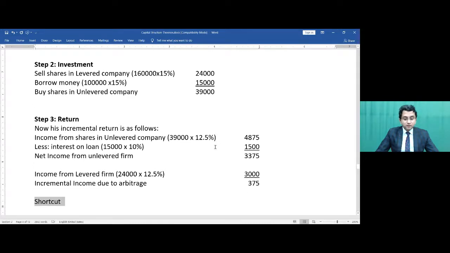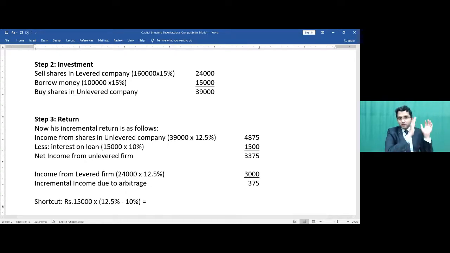I can tell you a shortcut for this calculation. Just listen carefully. Earlier, your equity investment was 24,000. Now it has gone up to 39,000 because this time you have borrowed 15,000 rupees. This 15,000 rupees you have invested in equity of the unlevered company, where the cost of equity is 12.5%, while the rate of interest on 15,000 is 10%.